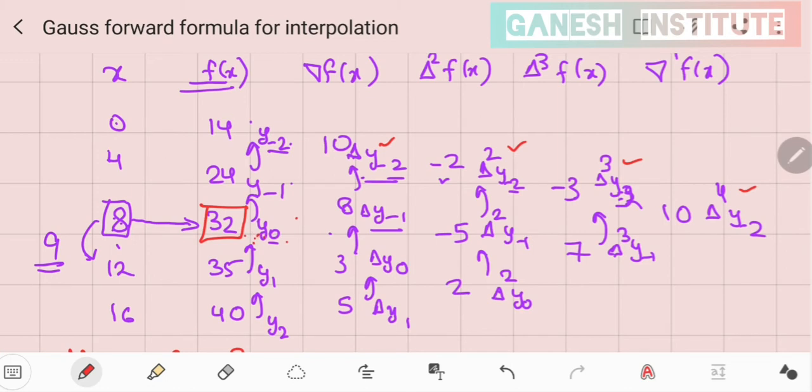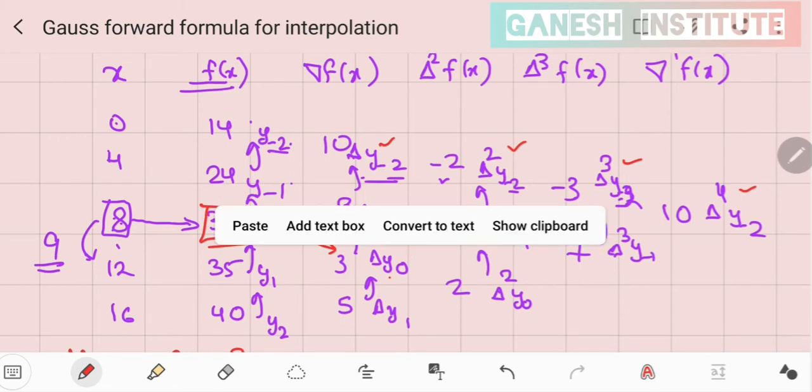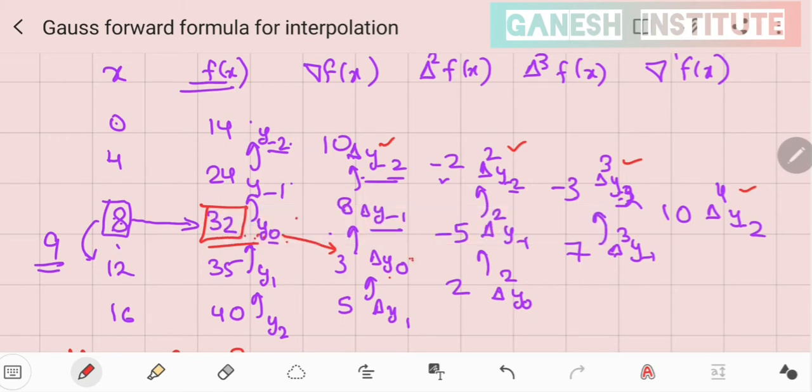Then if you move on with another term, which is del y naught, then del square y minus 1, which is here, bear with me, and then moving down, you need to know del cube and then del 4.